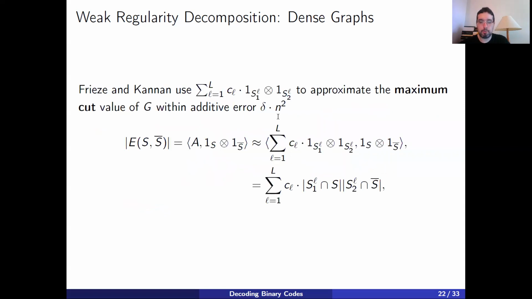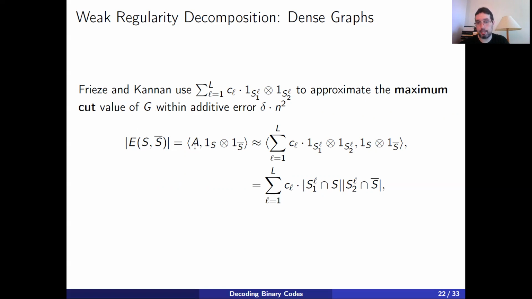Very good. And why is this useful? So suppose that we are given this nice approximator with the previous guarantee, and computing max cut now is an easy task. It's a simple thing to do, because if you count the number of edges between S and S complement, this amounts to this analytic expression of taking the inner product of A with 1S tensor 1S complement.